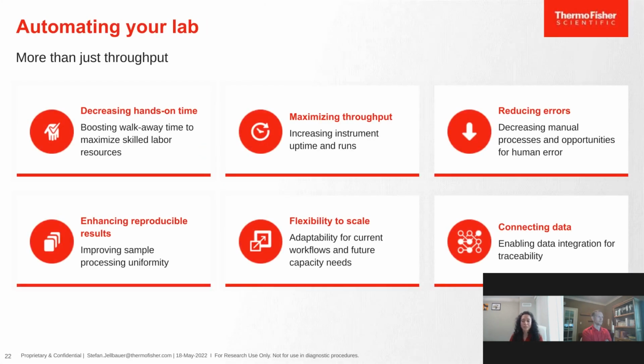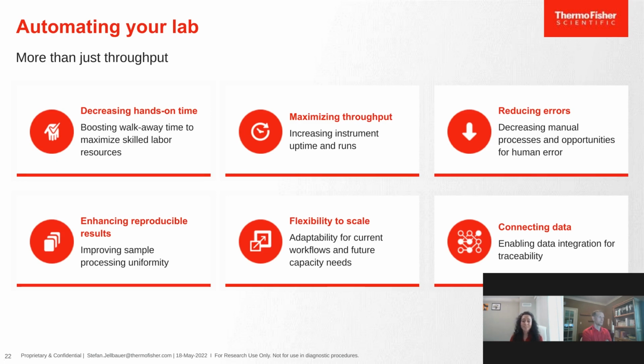When thinking about automating your lab, people often think of it as a high throughput screening tool. But we and our customers can assure you that automation goes well beyond increasing throughput. Starting with the most obvious benefit, automation reduces scientists' time on manual tasks, such that it frees up time to allow you to focus on higher cognitive things that robots don't do well. Well, at least not yet.